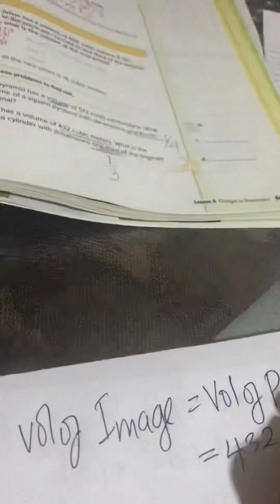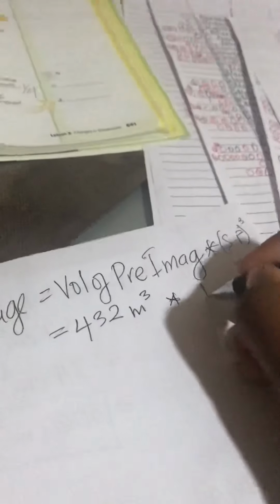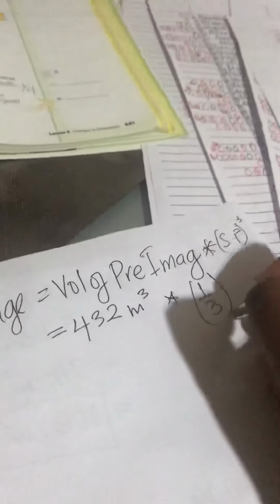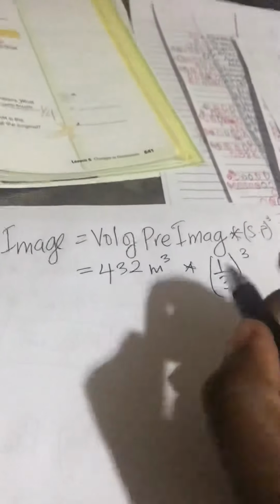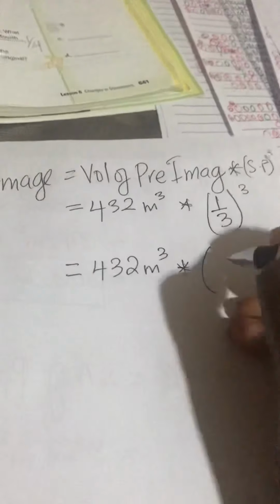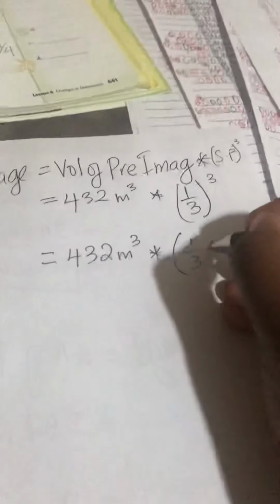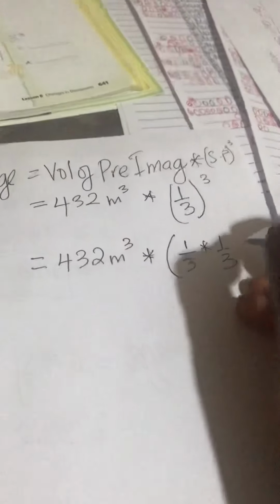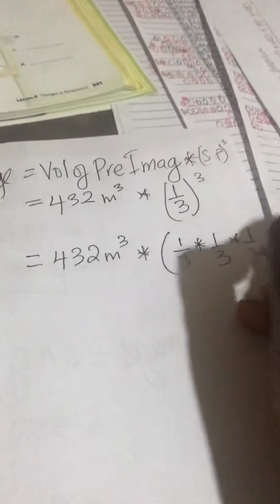You have 432 cubic meters, yes? So cubic meters times 1/3 to the 3rd power. Okay? Let's do more steps here. 432 cubic meters times 1/3 times 1/3 times 1/3.